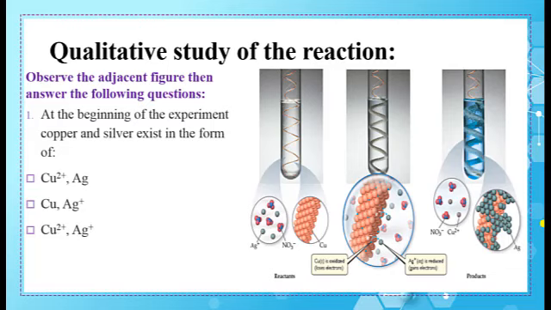Cu2+ and Ag, Cu and Ag+, or Cu2+ and Ag+. Since copper is a metal, then at the beginning of the experiment, it exists in the form of Cu. And since silver is found in the solution, then it is found as an ion, which is Ag+. Then the answer will be Cu and Ag+.